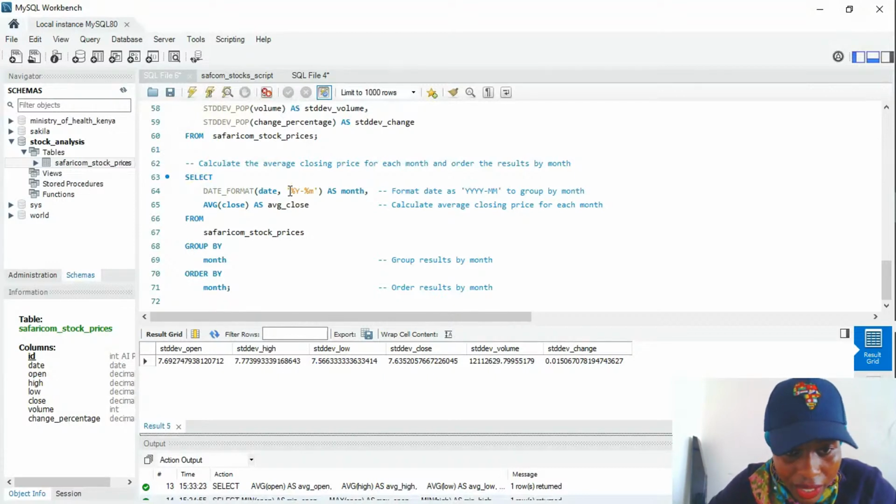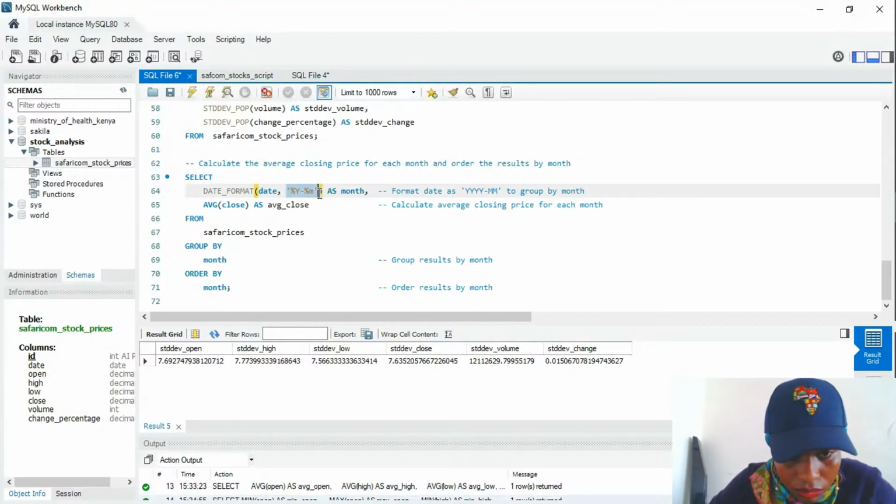These are just variables that tell us that we're going to be selecting the year and then the month, and we're going to be doing that as month. We're formatting the date as year and then month to group by month. So this here explains this part.